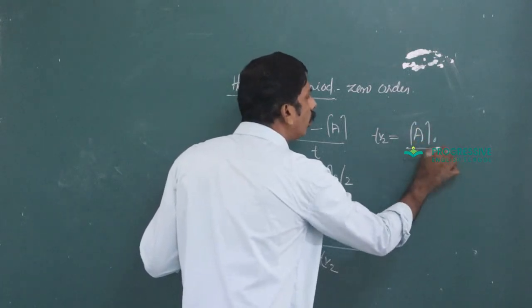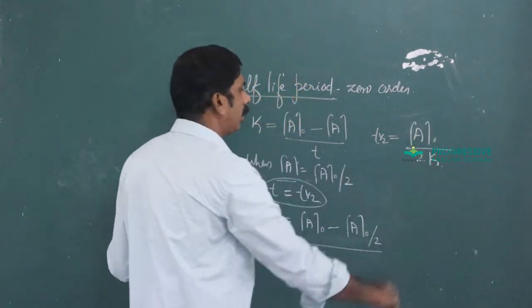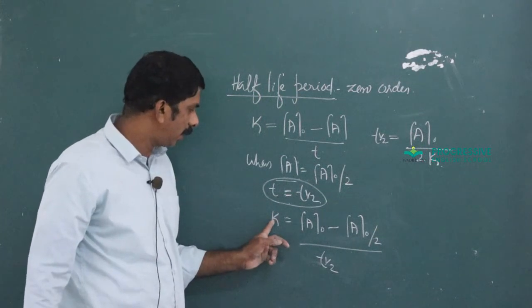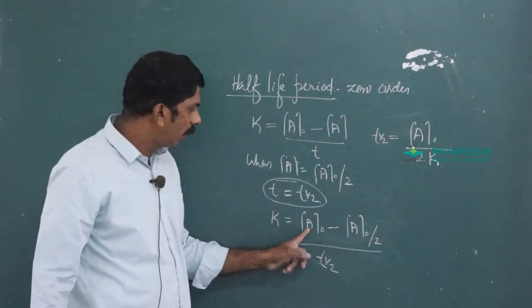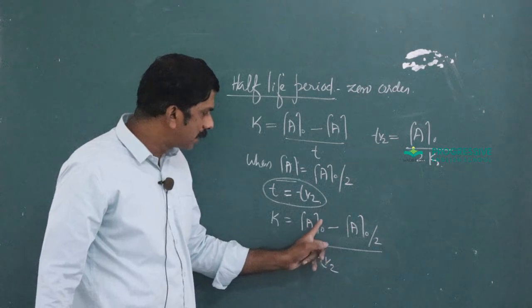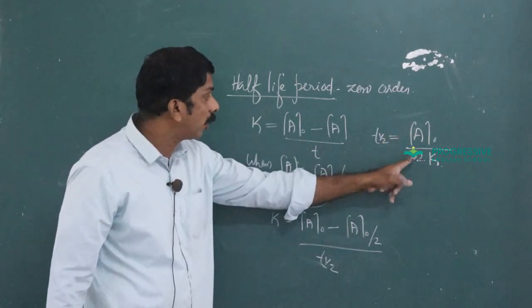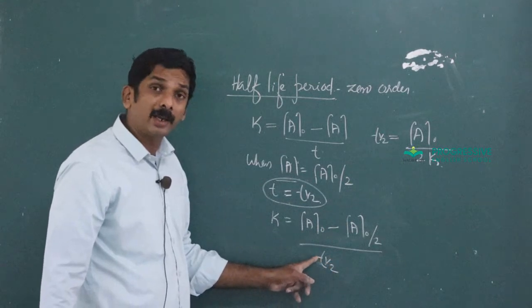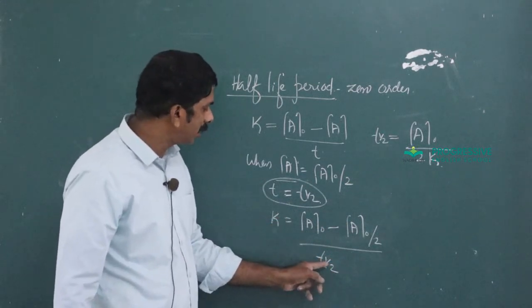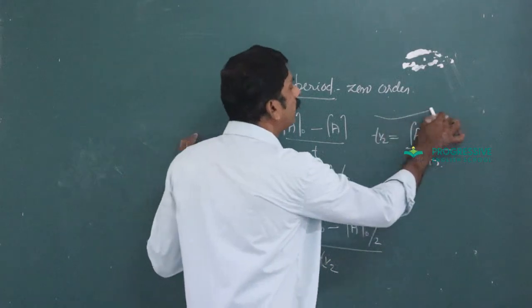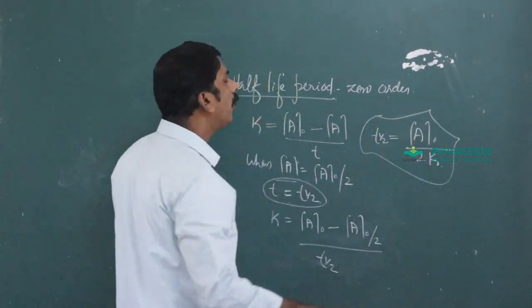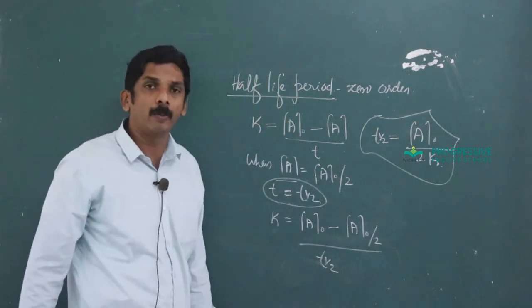T half equal to A0 by 2K. The numerator term becomes A0 by 2, and here T half. On rearranging this, the expression for half-life is T half equal to A0 by 2K.